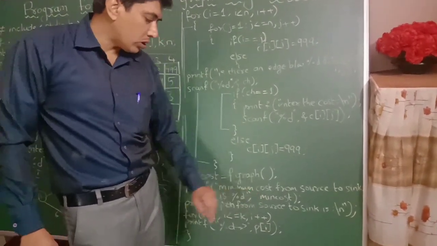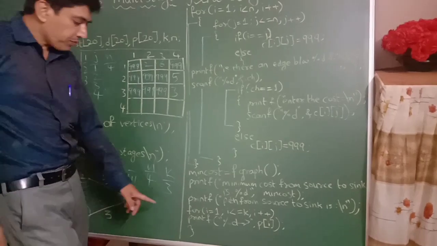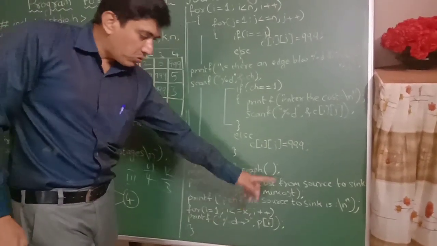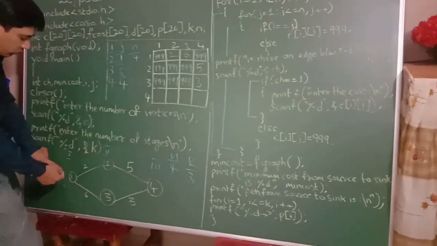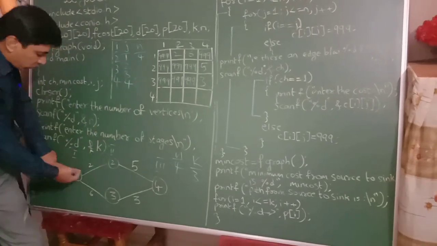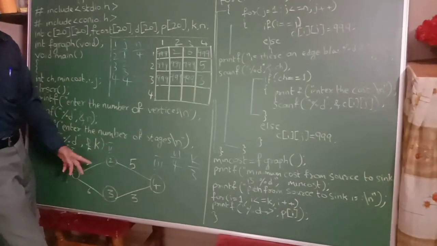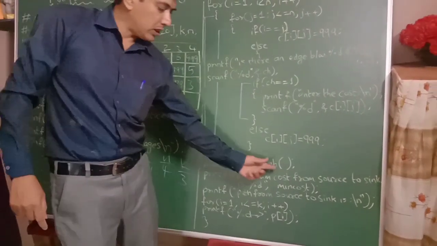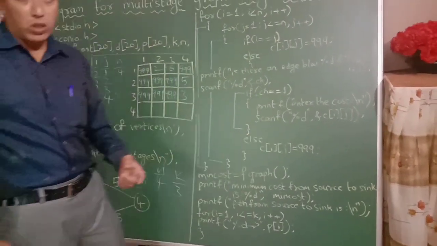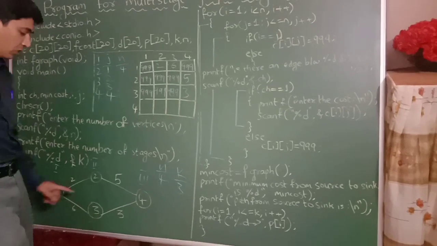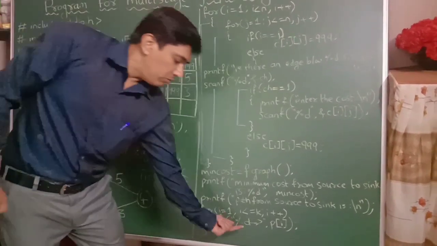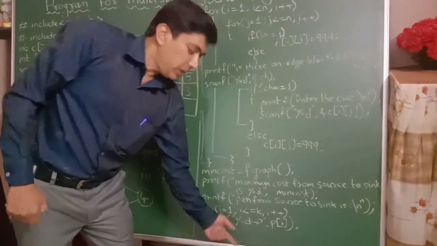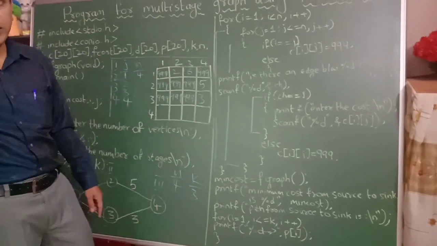The value of mincost will be printed, and then the path from source to sink, right? Whether I have to go from 1 to 4 or from 1 to 3, the fgraph function decides the minimum cost path, or how I have to travel from source to sink. That value will be printed here. After printing, it will be the end of main.